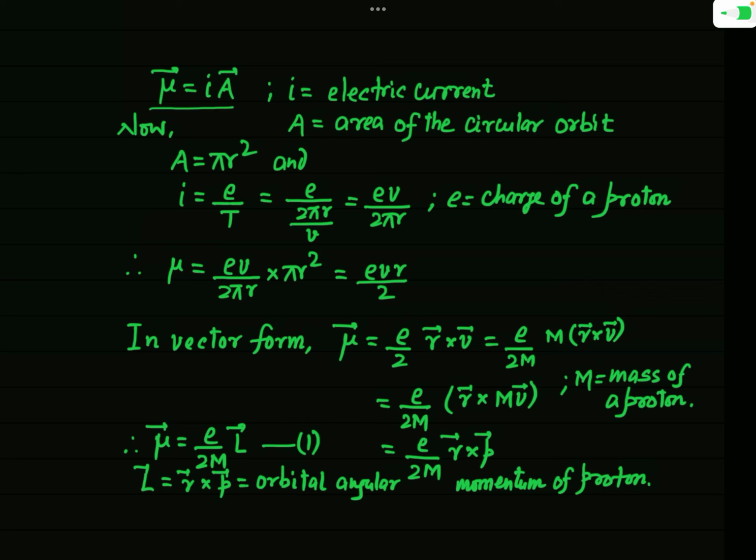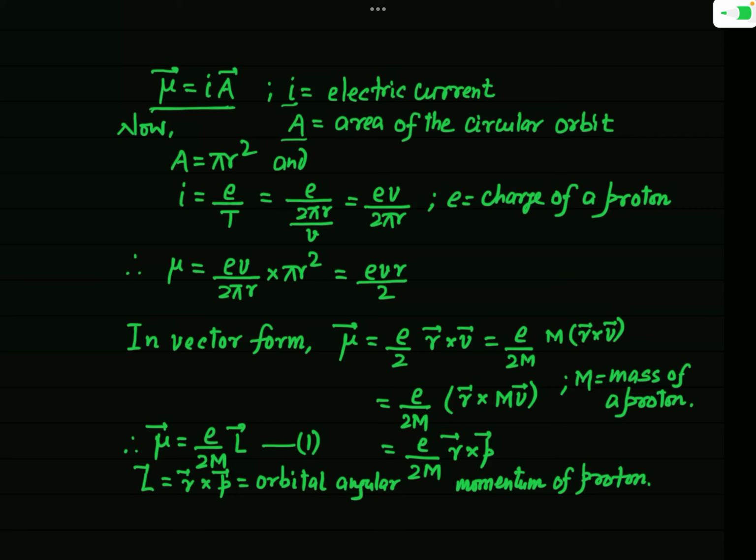You have studied it in your lower classes physics. So mu in this case is defined as I times A. Here I is the electric current and A is the area of the circular loop. I have written here the area vector, and area is a pseudo vector. So this magnetic moment will be just in the direction of the area vector here.